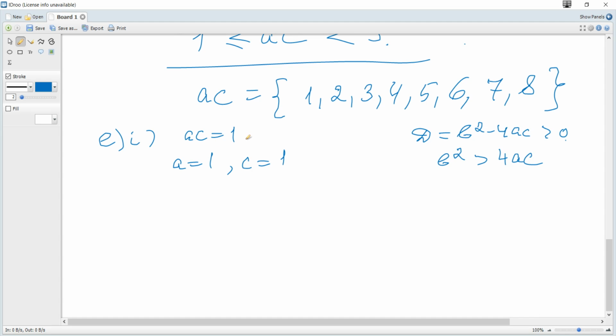And since AC is 1, B squared must be greater than 4, and B is any number from 1 to 6. 1 squared is not greater than 4, 2 squared also not greater, so its possible values are 3, 4, 5, and 6.